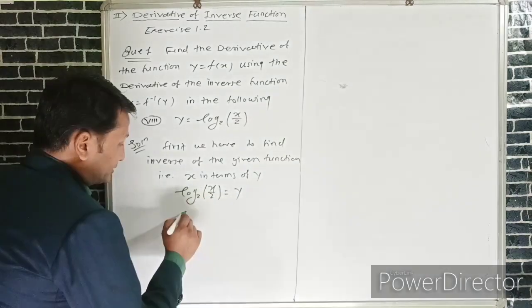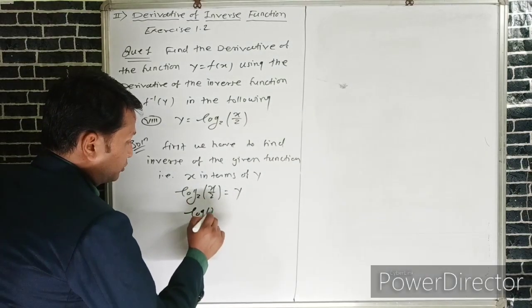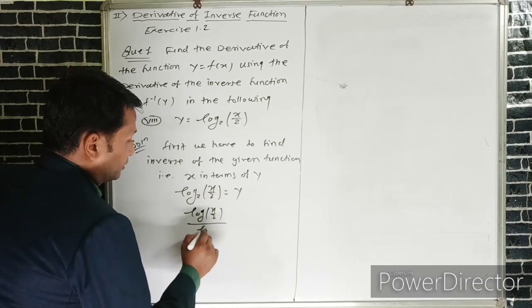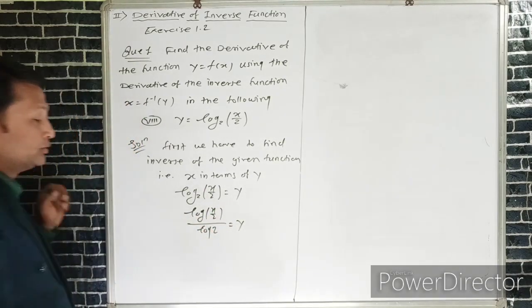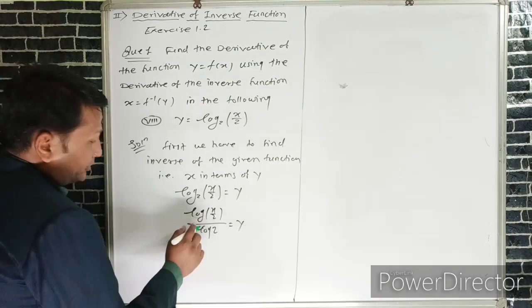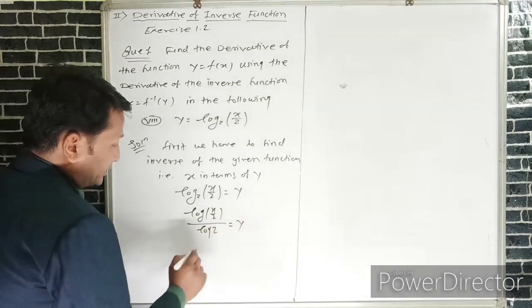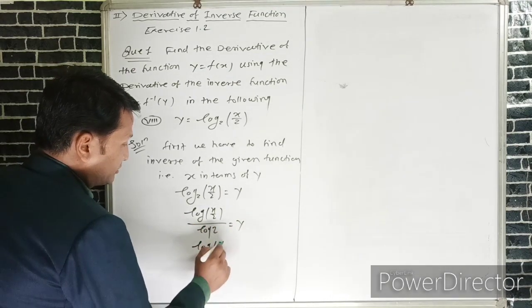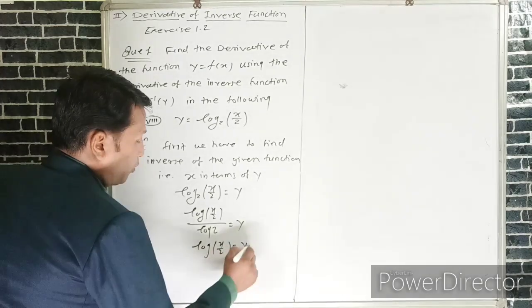Again we can write this as log of x by 2 upon log 2 is equal to y, by using the rule log base n of m is equal to log m upon log n. If we shift this log 2 to the right side, then we can write log of x by 2 is equal to y log 2.